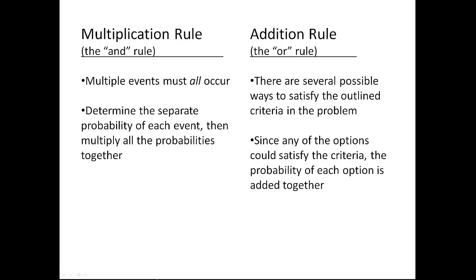For the addition rule, there are several ways that you can satisfy the criteria that is outlined in the problem. And so we often call this the OR rule. Either event A or event B can satisfy that criteria, and that OR is the signal that you should add those two probabilities together using the addition rule.